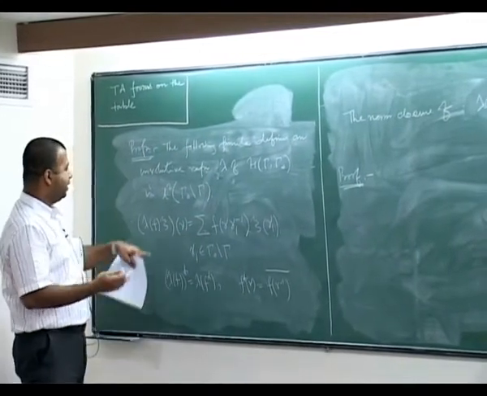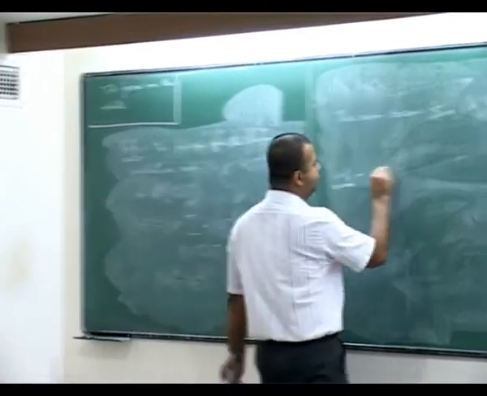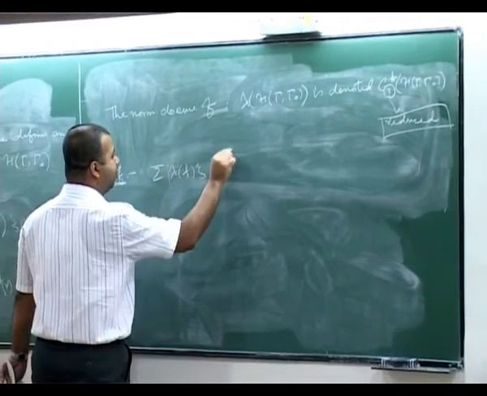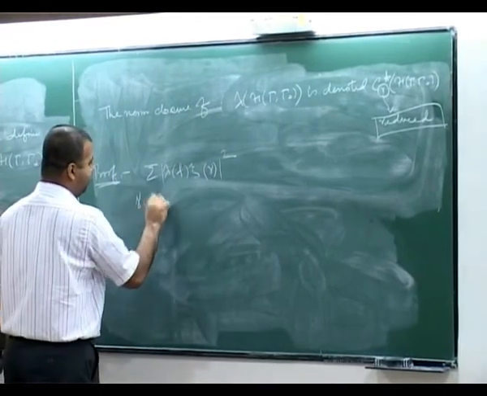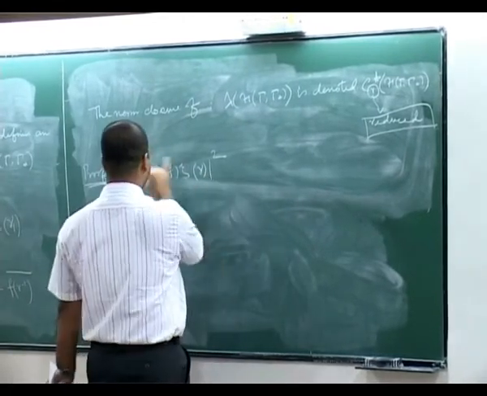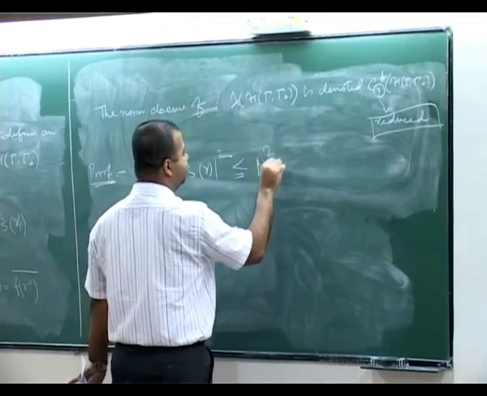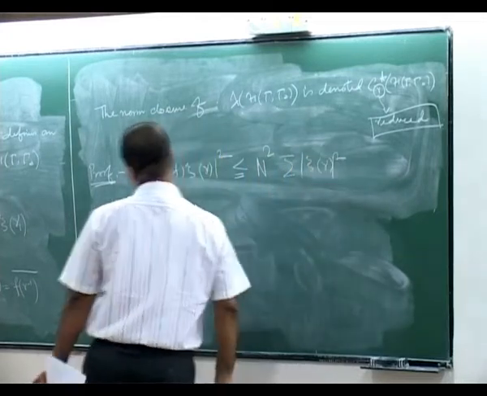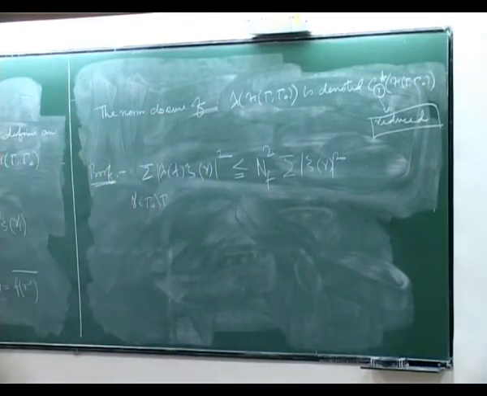If that number is n, then you consider these sums, summation lambda f xi gamma mod square. Now of course gamma is varying over, that is crucial. You can show that this sum is less than or equal to n squared times summation xi gamma square, where n is the number for f. So this will be bounded.